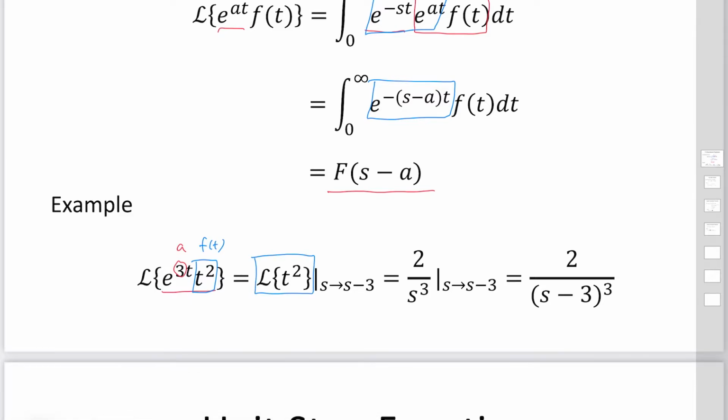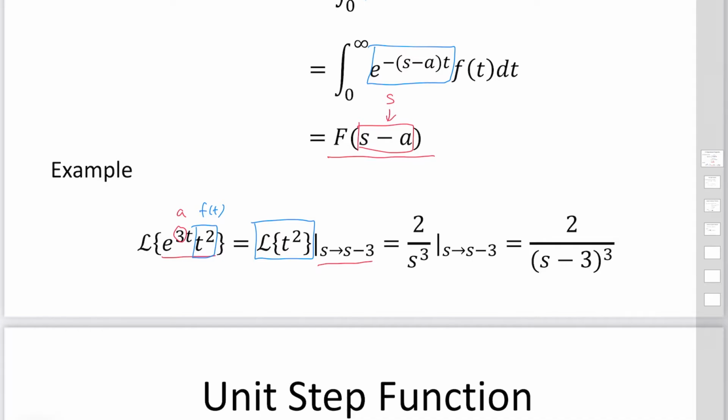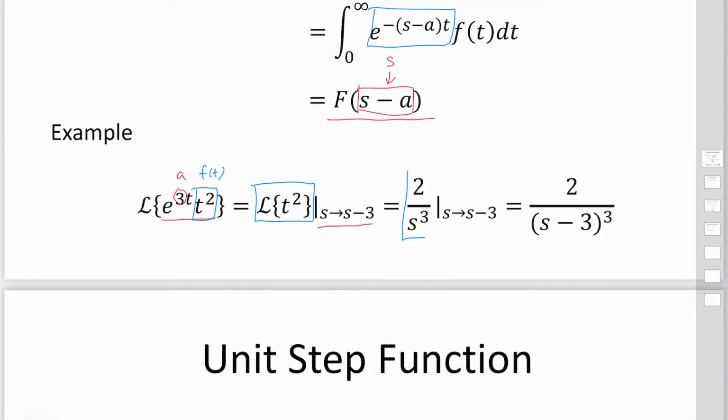Once we find the Laplace transform of t squared, you can substitute s minus a. In this case, a equals 3, so you substitute s minus 3. The Laplace transform of t squared is 2 over s cubed.